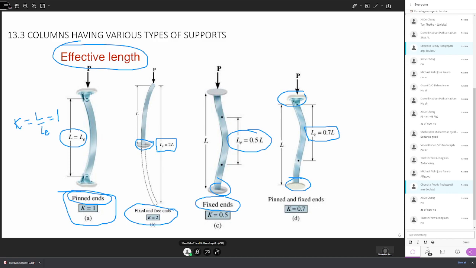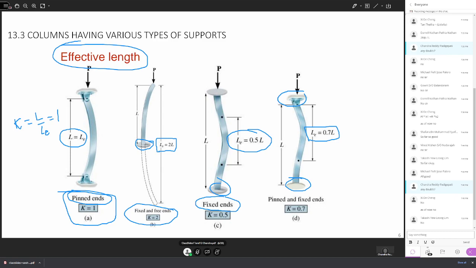Okay, so this is how we can find the effective length when the column is supported by different types of supports. Straightforward: when both ends are pin supported, the effective length is equivalent to the original length. If it is fixed at one end and free at the other end, the effective length is 2 times the original length.